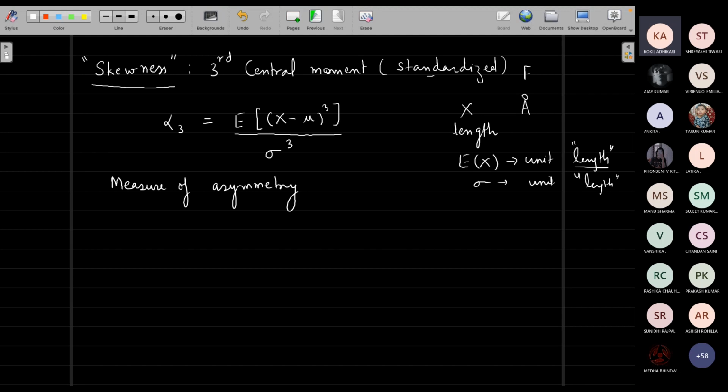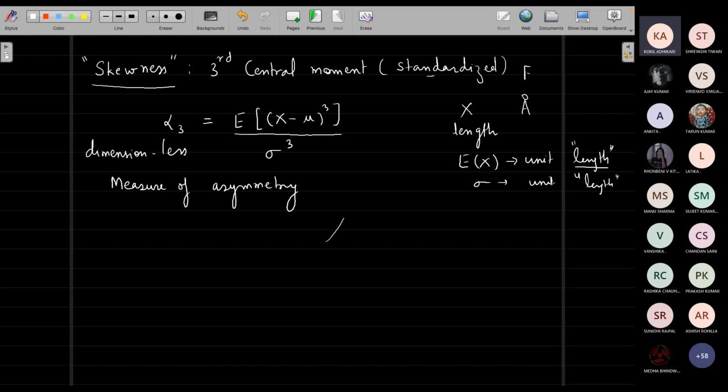So I do not need to worry about what is the unit in which I am measuring. I am making it something we call dimensionless. So by dividing it by sigma cube, what we call standardizing the moment, we make our third central moment dimensionless, which is nothing but the measure of asymmetry.